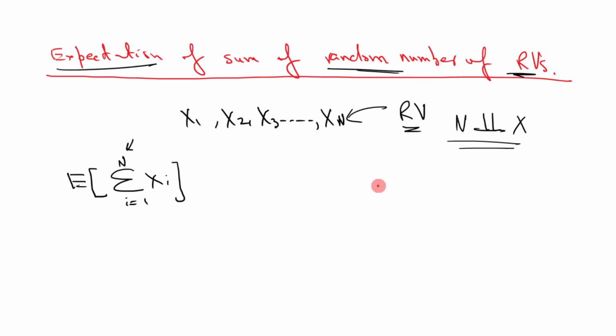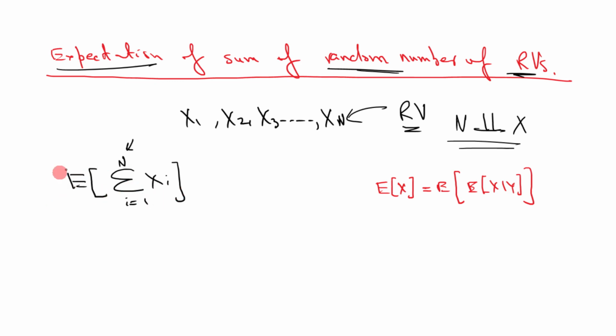So as we know the property, expected value of x is equal to expectation of expected value of x given y. So if you have expectation of x given y, you can find the expectation of x.